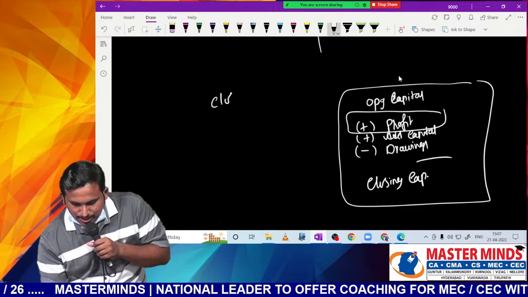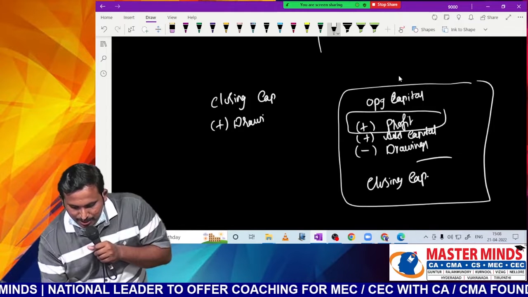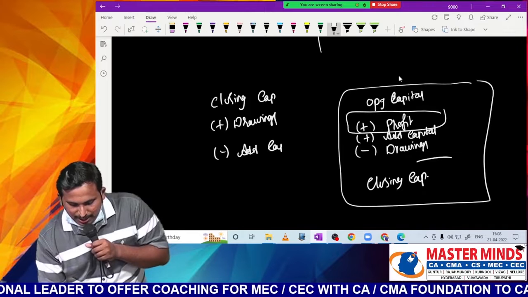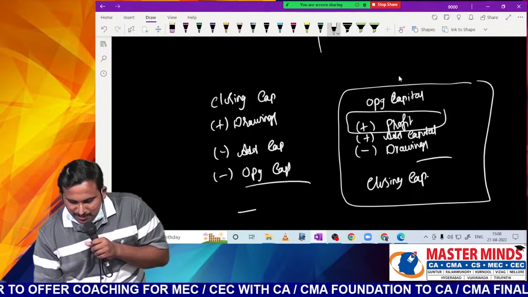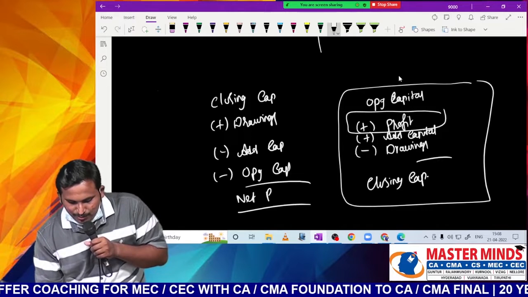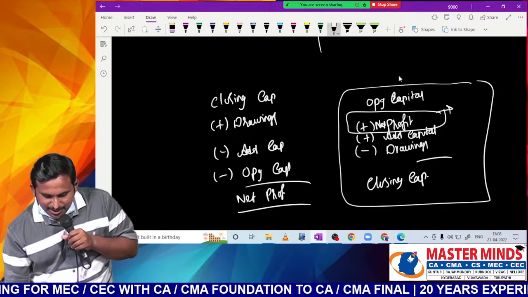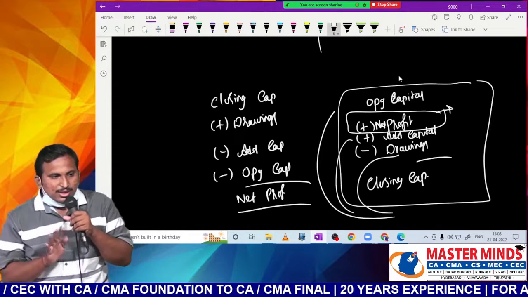Closing capital, we will add drawings, we will reduce additional capital, we will reduce opening capital, and we will get profit. Am I right or not? Simply I have changed the equation where I want to find net profit. I have just brought all these things to that side, and I have got the net profit.